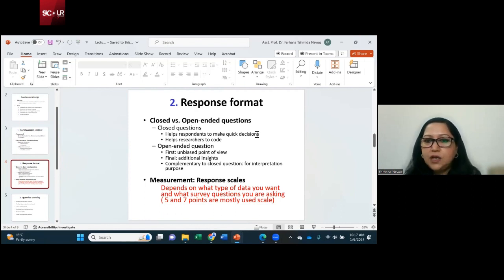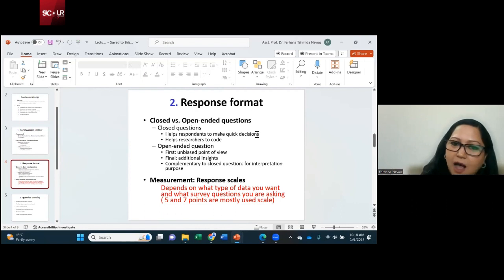So suppose your sample size is 100. You need to send at least 300 to 400 questionnaires, and then maybe you will be able to collect 100 responses. This is how it works.